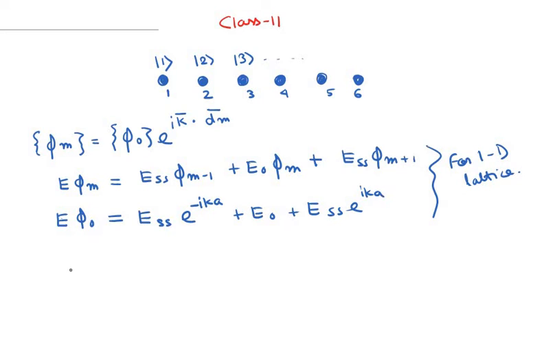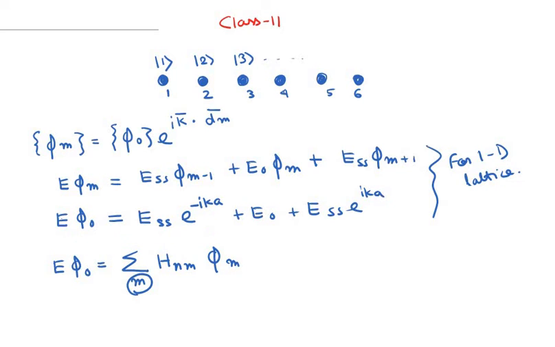When we have a three-dimensional lattice, this same equation becomes E phi 0 equal to summation over m h nm phi m, where this m over here represents all the lattice points or all the atoms which are nearest to the atom or the lattice point for which I am writing this equation.